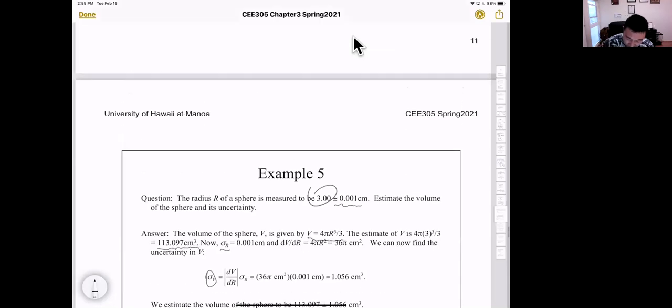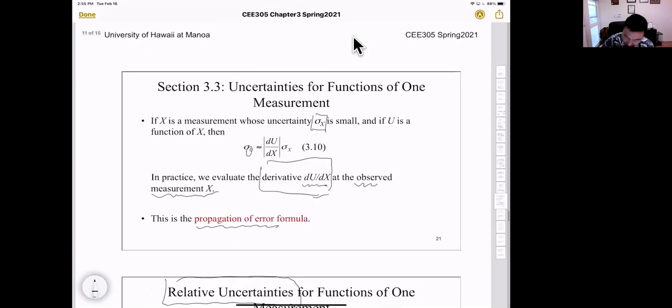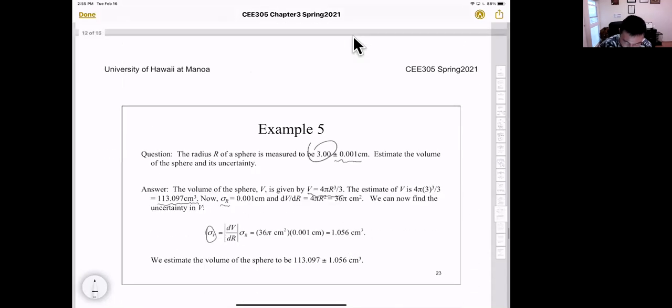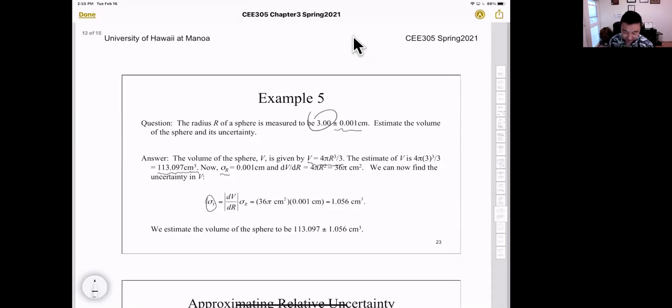Based on the equation for propagation of error, we use this equation, where U is a function of X. In our example, the volume is a function of R. We need to calculate dV dr, and dV dr is 4 pi R squared.